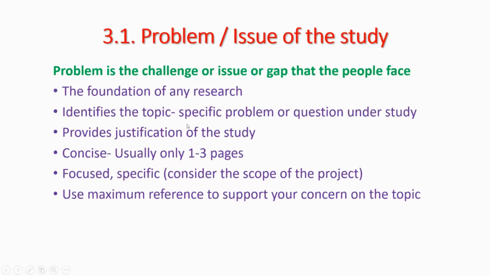It identifies the topic, the specific problem or question under study, provides justification of the study, and is concise, usually 1 to 3 pages in the case of a PhD, maybe 1 page for the masters, and 1, 2 or 3 paras in the case of a research article, because here the page number is very limited. That's why you have to make your problem concise in the case of a research article.